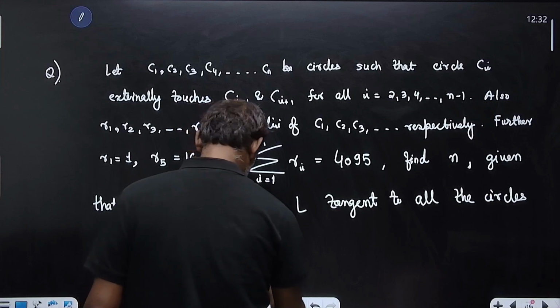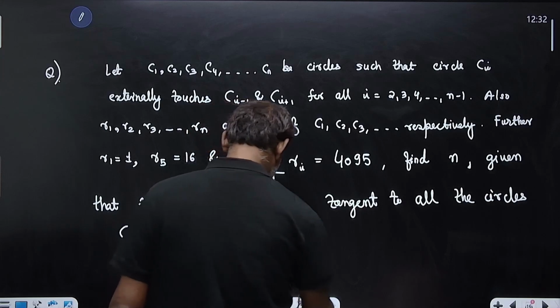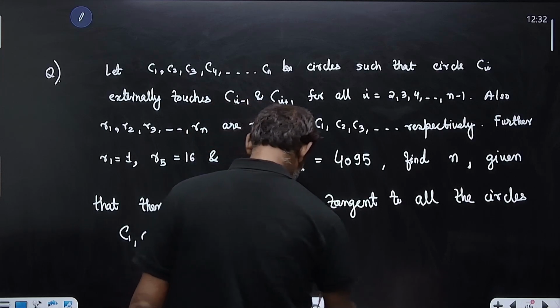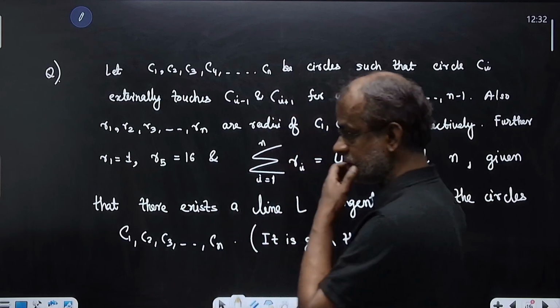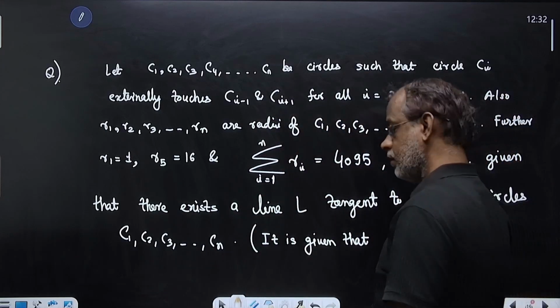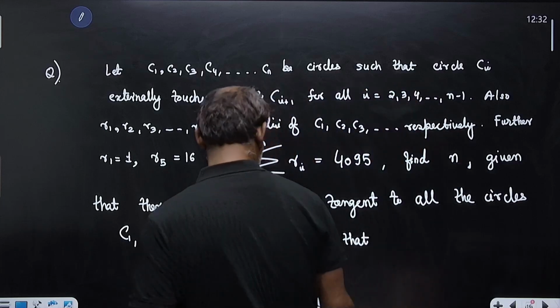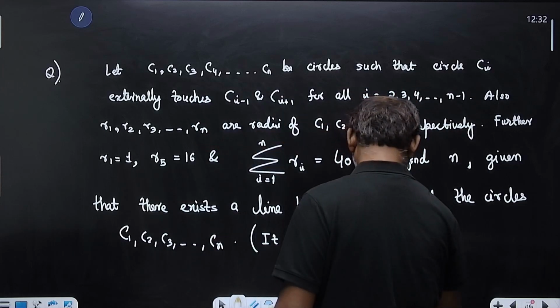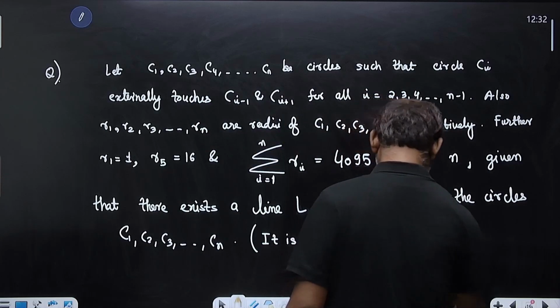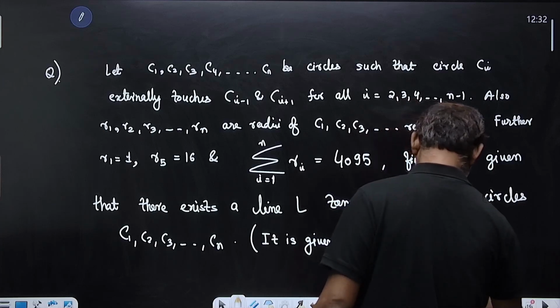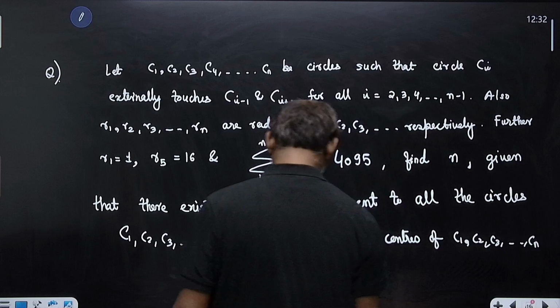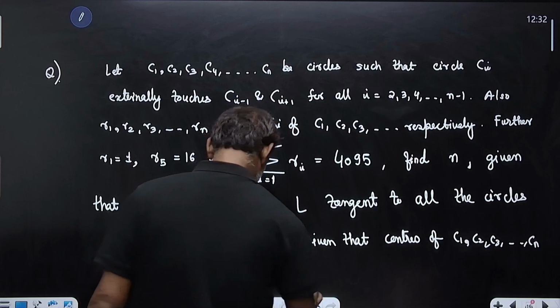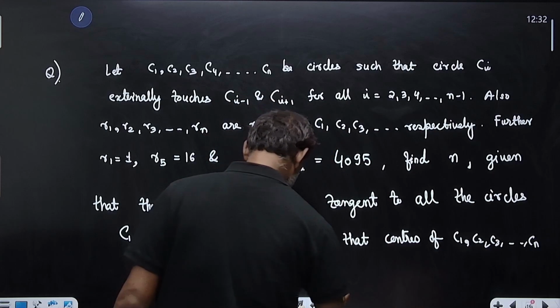Let me write this also. It is given that centers of C1, C2, C3 are collinear.